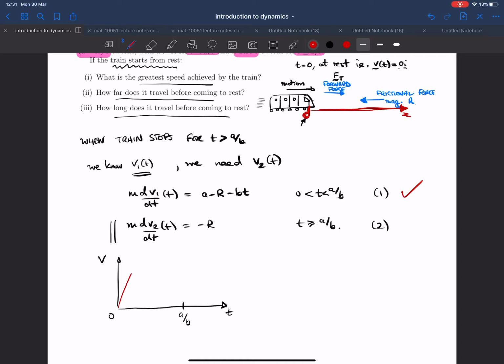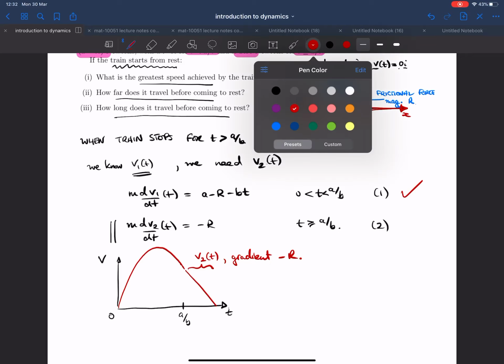Like last time, there's a max speed, which you can determine, we found it before. Then there's a straight line drop to rest, and this is covered by V2 with a negative gradient and some intercept. So this is V2 of t, and it will have gradient minus r.